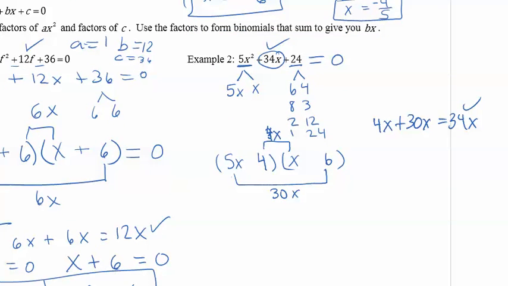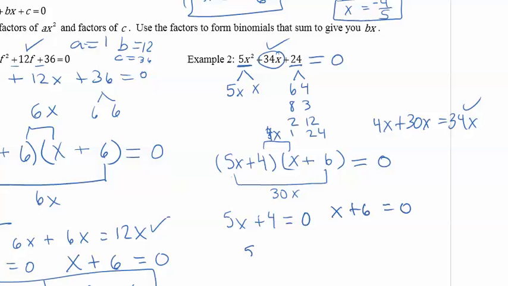All right, so now we know that these terms work, so let's set the factors equal to 0. I have a positive 34 and a positive 24, so I know that they both will be positive. So 5x plus 4 and x plus 6. 5x plus 4 is equal to 0, and then x plus 6 is equal to 0.